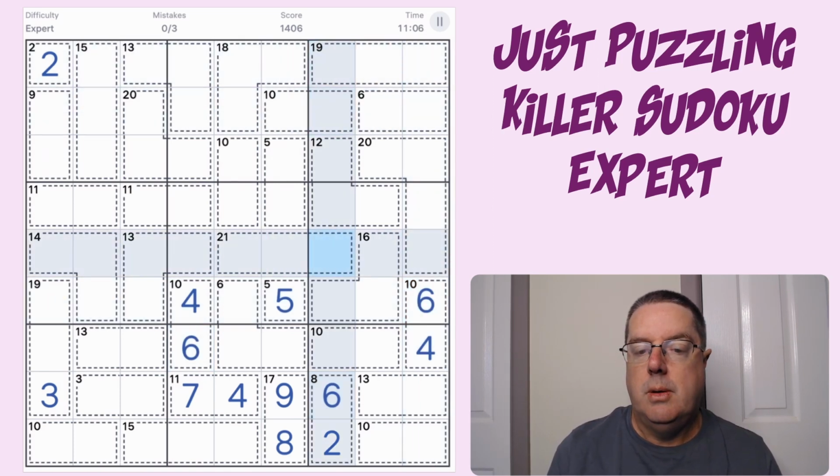So there can't be 9 or 6. So it's going to be 7 and 4, which cannot be a 4. So that can be a 4, that can be a 7. Or 8 and 3. Can't be a 3. So this is 4, 3 and 4 there.